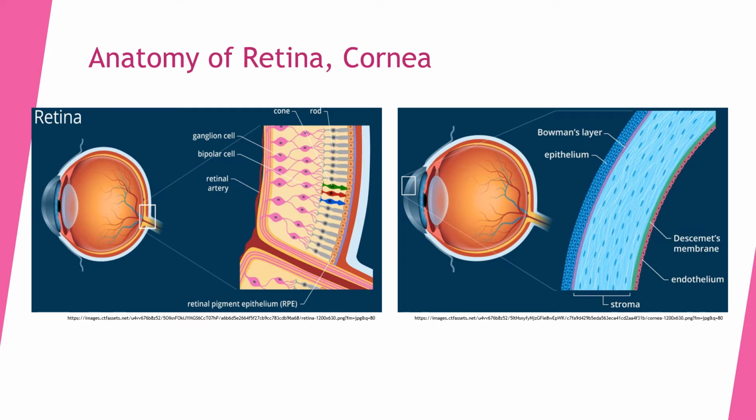The cornea is also composed of 5 main layers: the epithelium, Bowman's layer, stroma, Descemet's membrane, and the endothelium. This part of the eye provides the highest refractive power of the incoming light, much more than the lens.